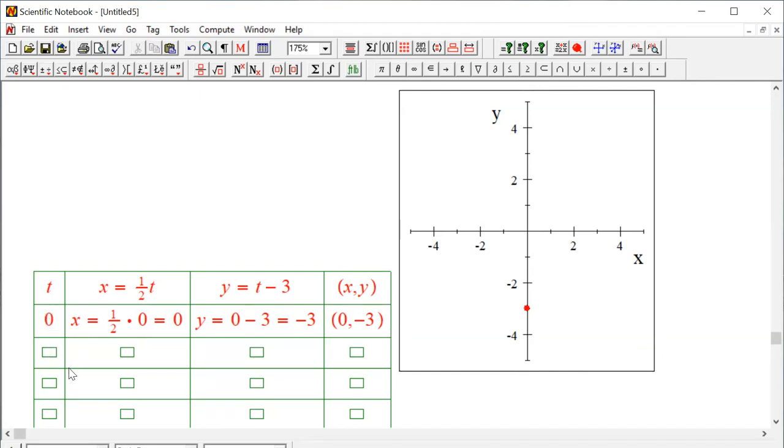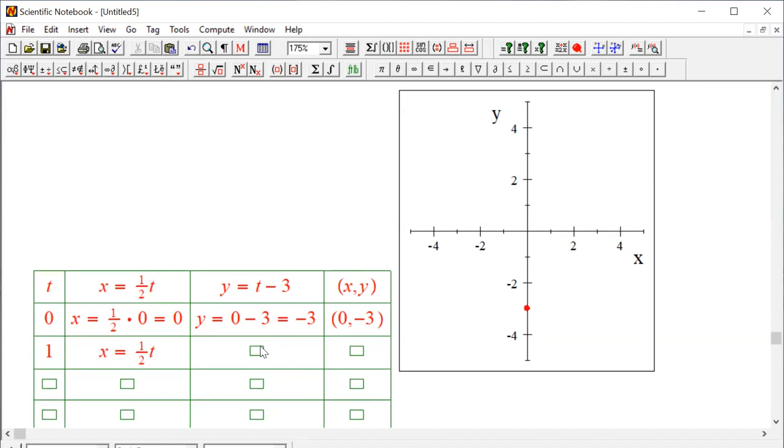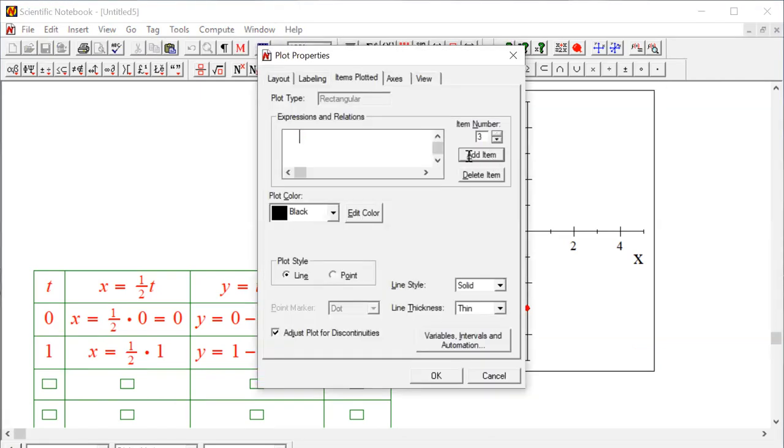So now let's keep going. At the next moment, which is maybe 1 second later or 1 hour later, t would be equal to 1, so x is half times 1, and y would be 1 minus 3, which is equal to -2. So the next point, in the next moment, is 1/2, -2. The next point is going to be right here, the red dot.